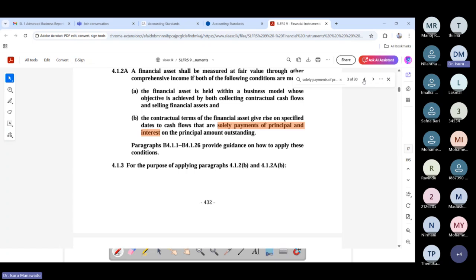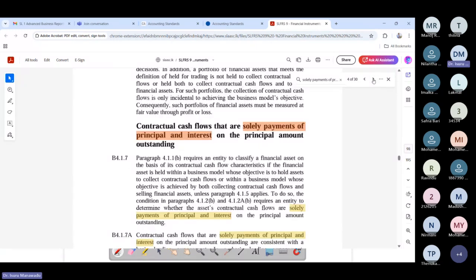Now you can see the terms. Contractual terms of the financial assets give rise on specified dates to cash flows that are solely payments of principal and interest on principal amount outstanding, right? Then there are explanations on what solely payments of principal and interest on the principal amount outstanding means.